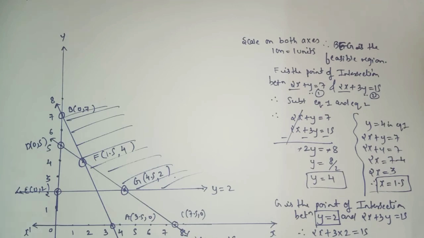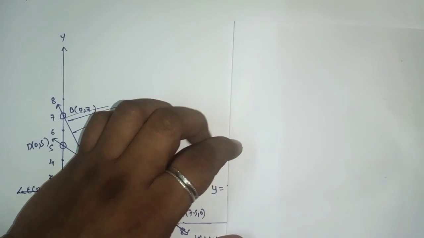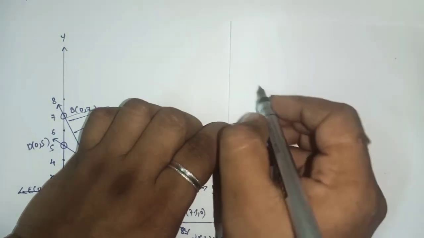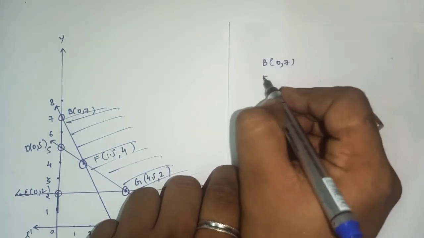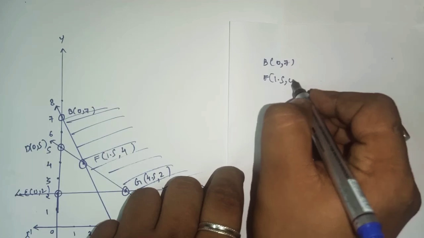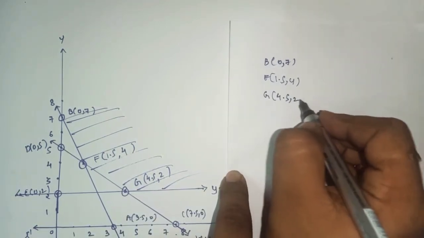Now the final step will be what? To find the value of z. Okay, so the first point is what? B 0 comma 7. The second one is what? F 1.5 comma 4, and G is what? 4.5 comma 2.